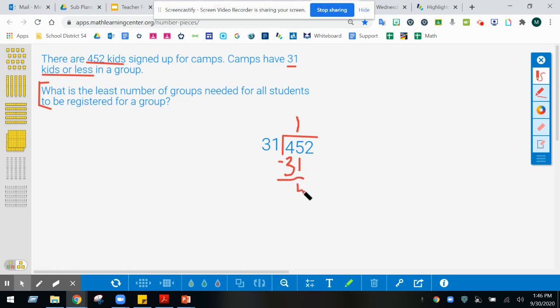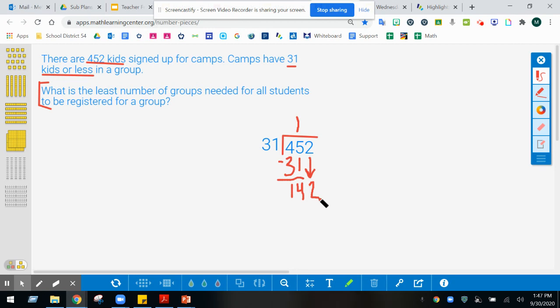5 minus 1 is 4, and 4 minus 3 is 1. So we have 14. Now let's bring down that 2. So now we still have 142 to divide up into 31. Well, how am I going to figure this out?